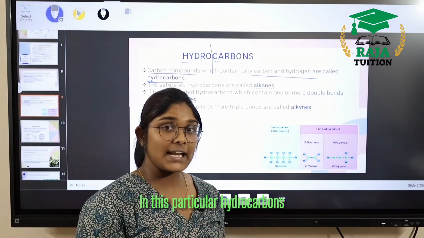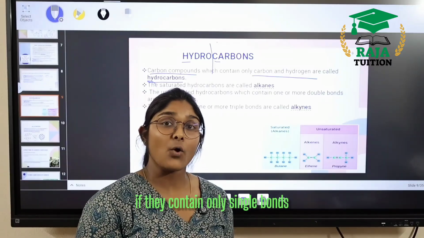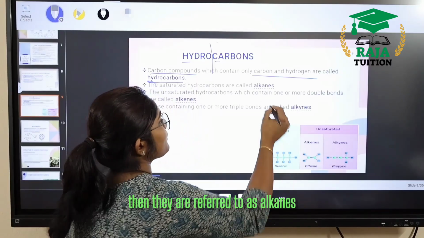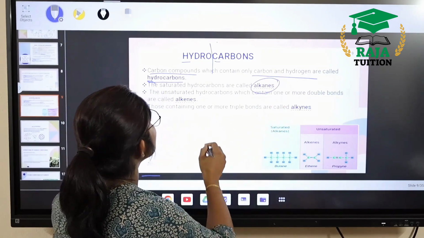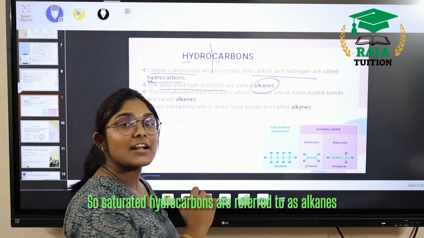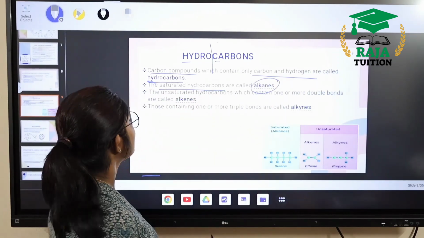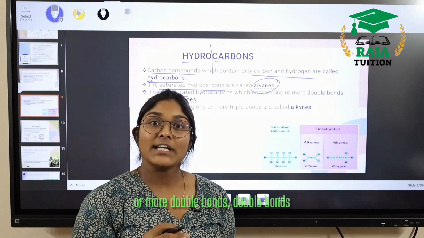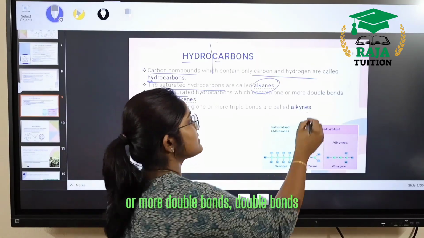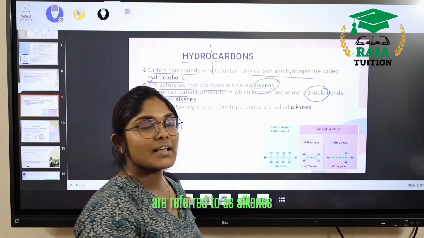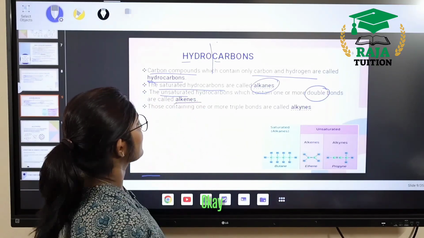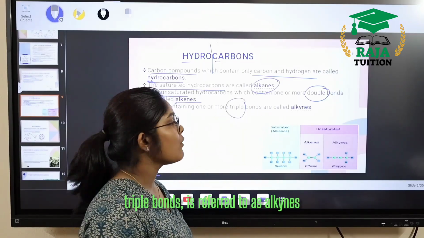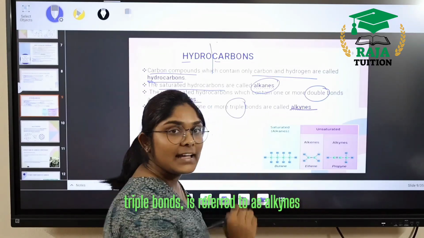In hydrocarbons, if they contain only single bonds, then they are referred to as alkanes. So saturated hydrocarbons are referred to as alkanes. Then unsaturated hydrocarbons which contain one or more double bonds are referred to as alkenes. And those containing one or more triple bonds are referred to as alkynes.